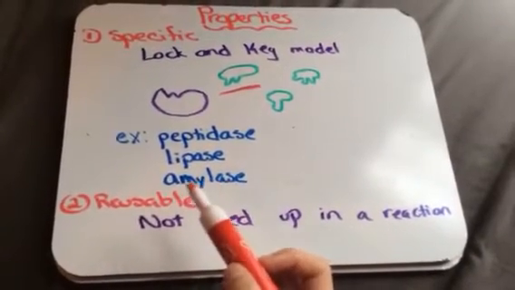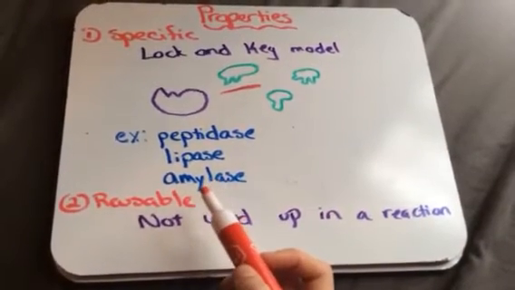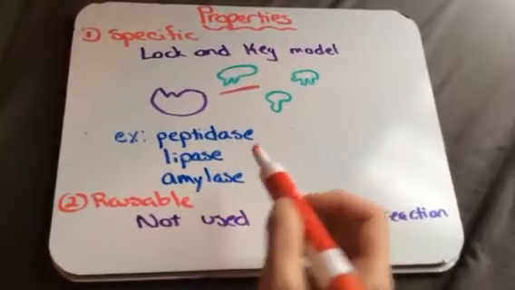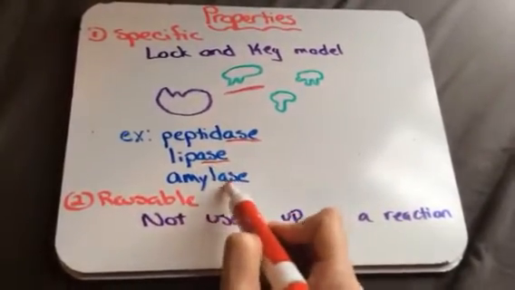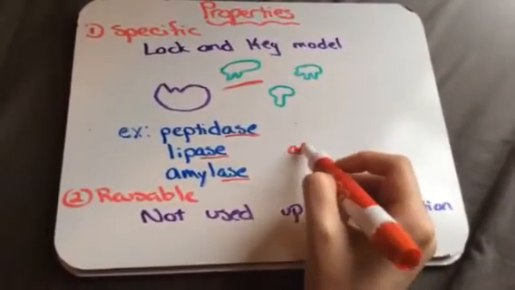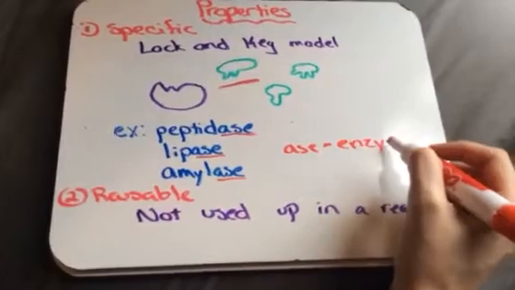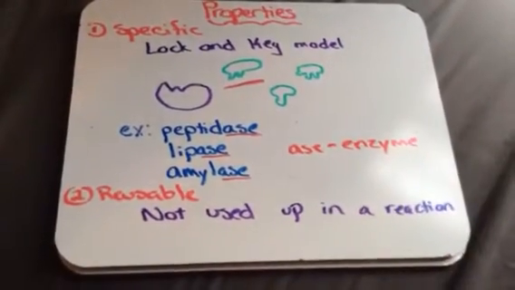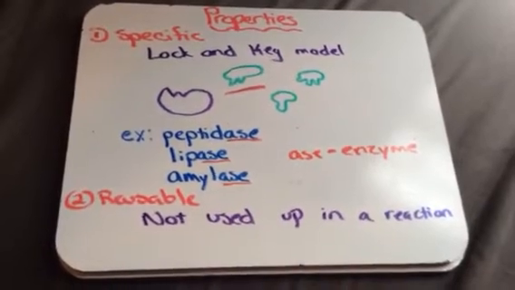Amylase will also break down a macromolecule, and this particular one breaks down glucose. I want you to notice a trend though. We have ACE, ACE, ACE. Anytime you see ACE, you should know it's an enzyme. And make sure that you are not confusing it with OS. Anytime you see OS, it is a sugar for the most part.